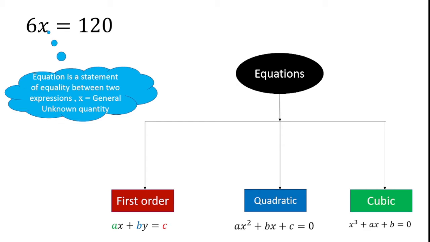The second order or quadratic equation can be expressed as ax square plus bx plus c is equal to 0. The cubic equation can be represented as x cube plus x square plus ax plus b is equal to 0, or otherwise x cube plus ax plus b is equal to 0. Likewise, we can represent the cubic equation.